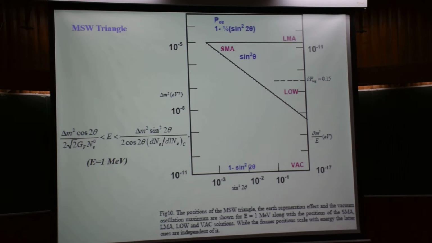Finally, there would be the vacuum solution. In this case there would be vacuum oscillation, which gives you lower antinodes, again rapidly energy dependent. And there is a fourth solution called the LOW solution. It comes for the following reason.